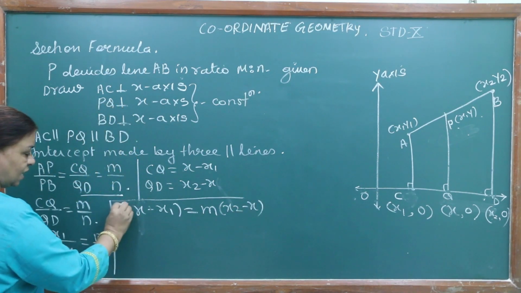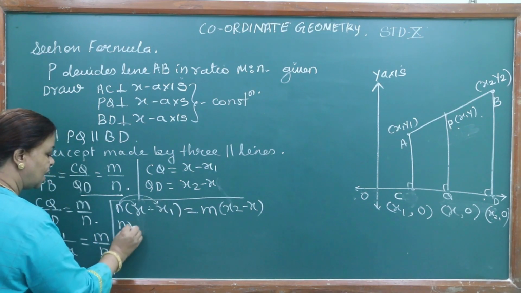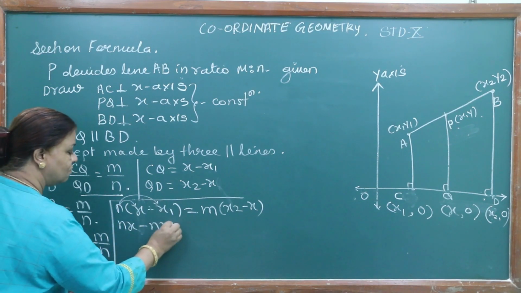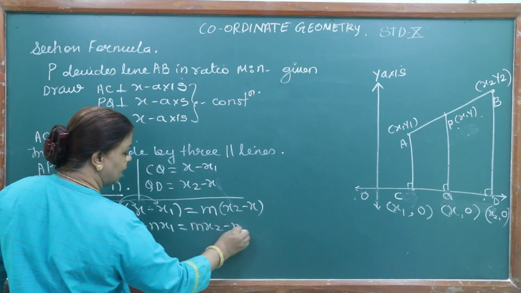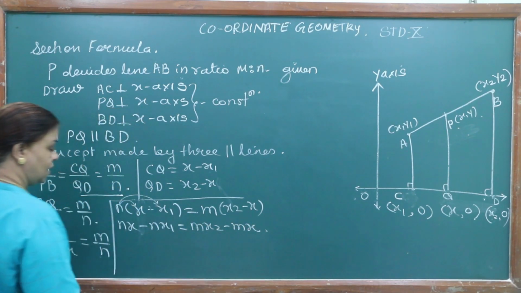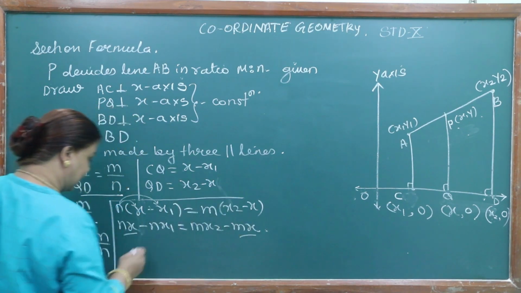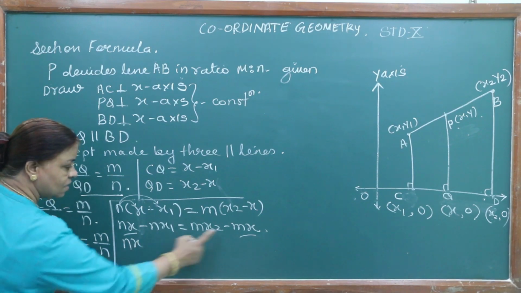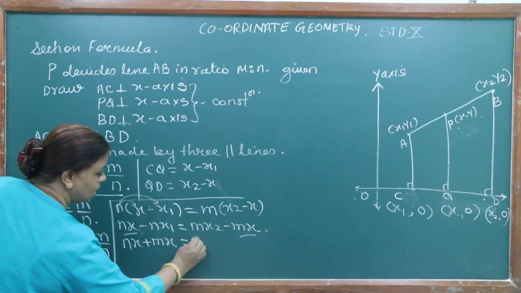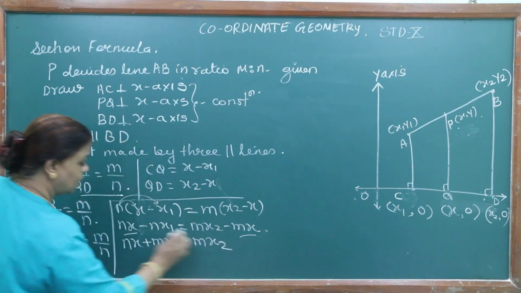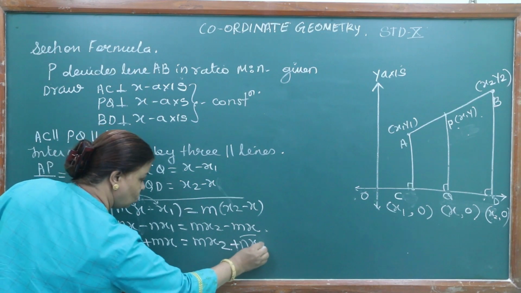Now open the bracket. n will multiply with x, n will also multiply with x1. nx minus nx1 equal to mx2 minus mx. Now see, all x variables I'll bring this side. nx plus mx is equal to mx2, nx1 will go there, plus nx1.